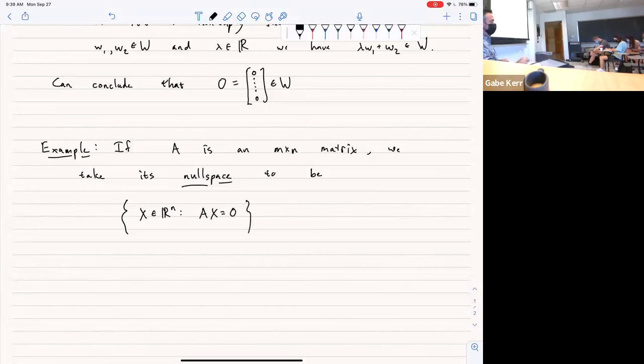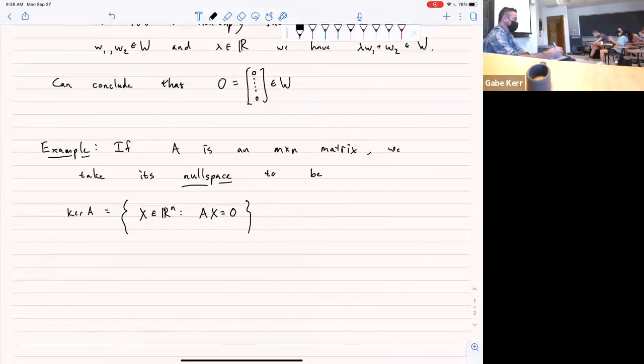The right-hand side is the 0 vector in Rm. You can also write this as the kernel of A. Some people write kernel, but I think in linear algebra you should call it the null space.